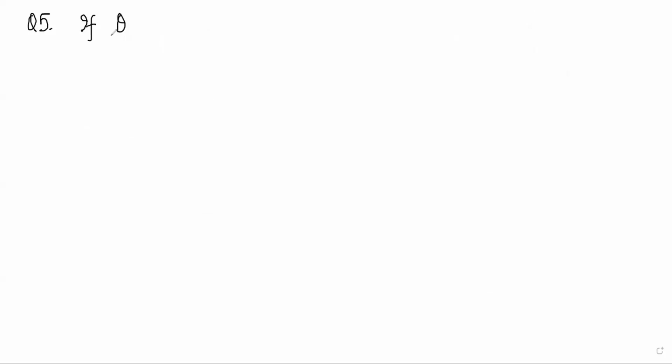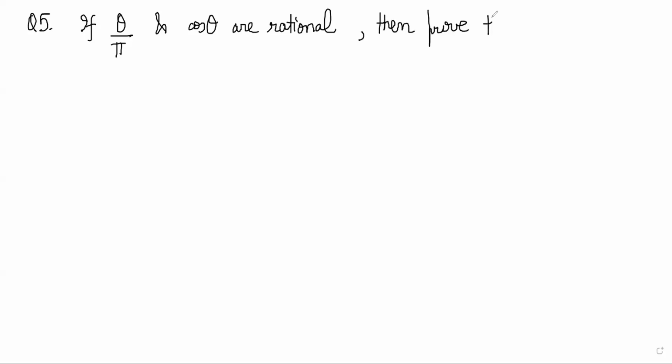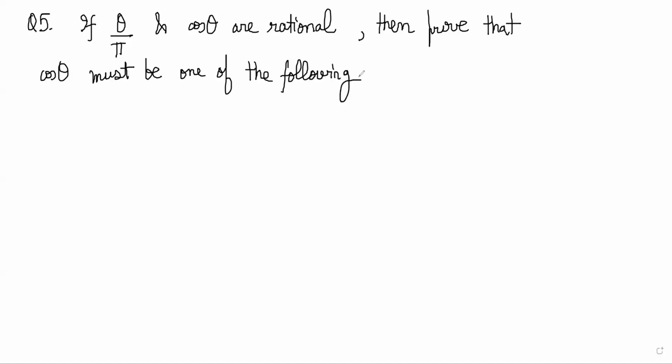This question says if theta by pi and cos theta are rational, then prove that cos theta must be one of the following 5 numbers: -1, -half, 0, half, and 1.